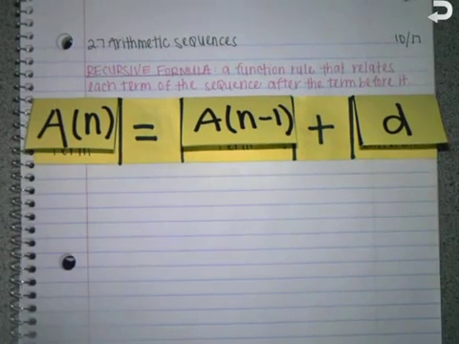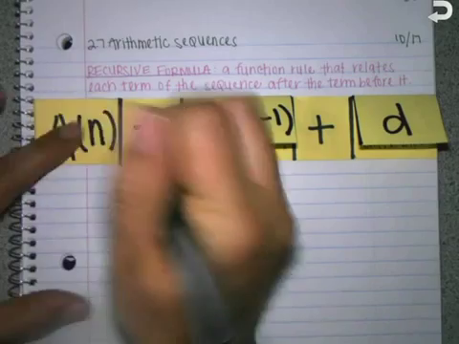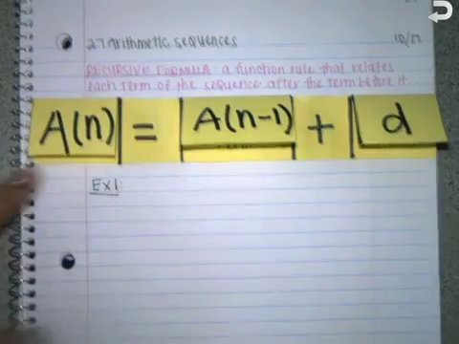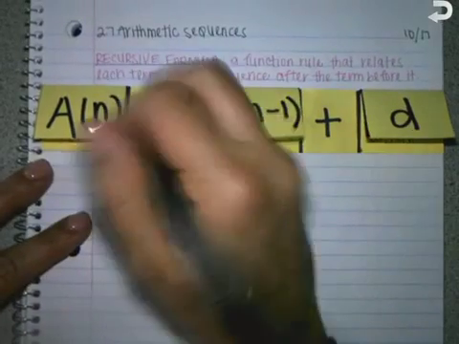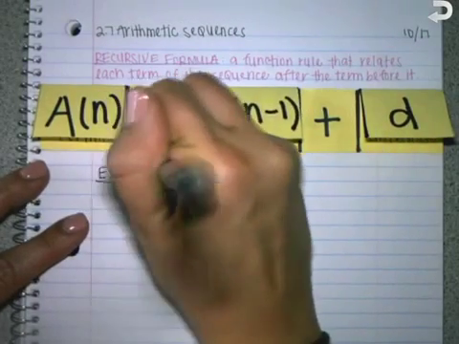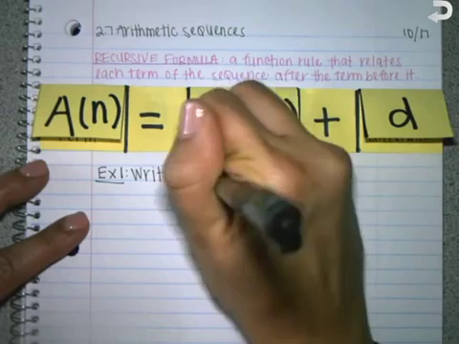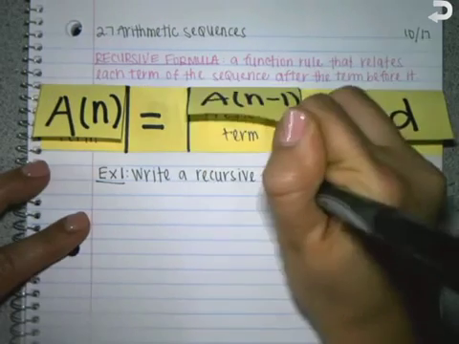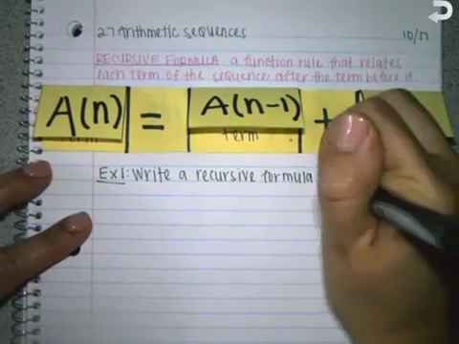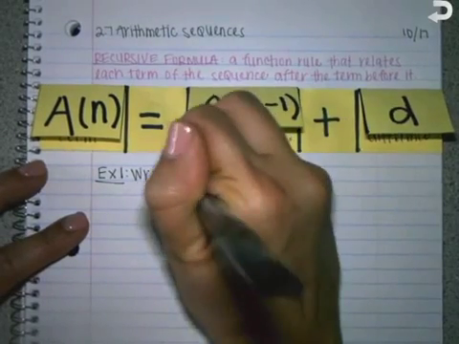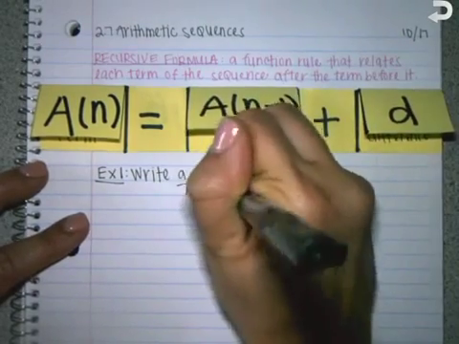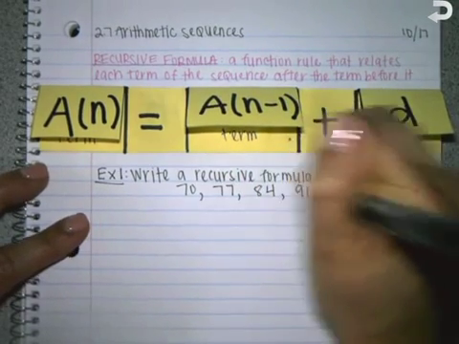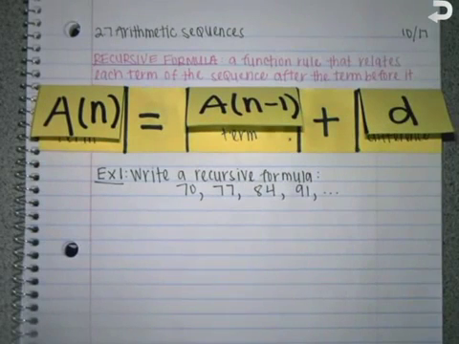So example 1 is going to be to write a recursive formula for this sequence, 70, 77, 84, 91, ... means it goes on forever.